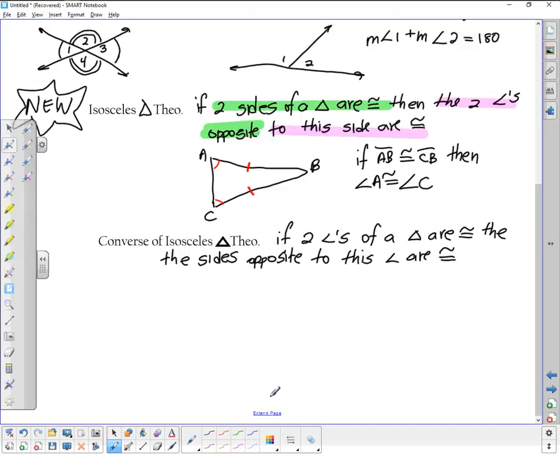So basically, in the drawing, draw a triangle, call it ABC. And by the way, anything in here is known as a hypothesis.